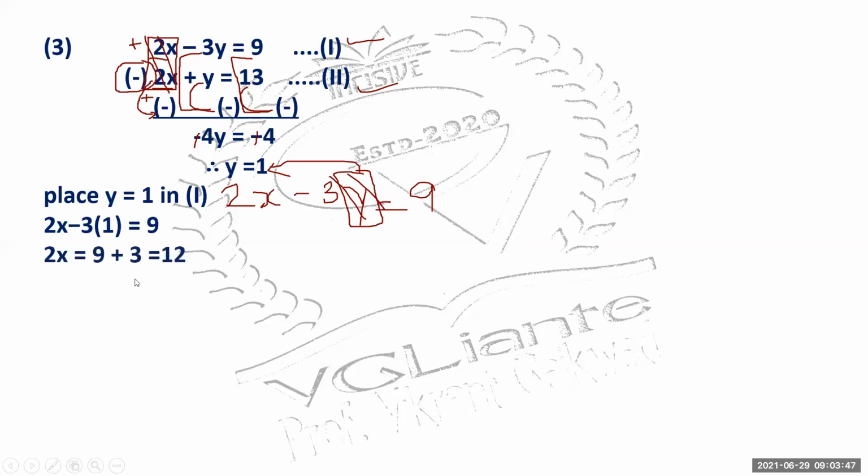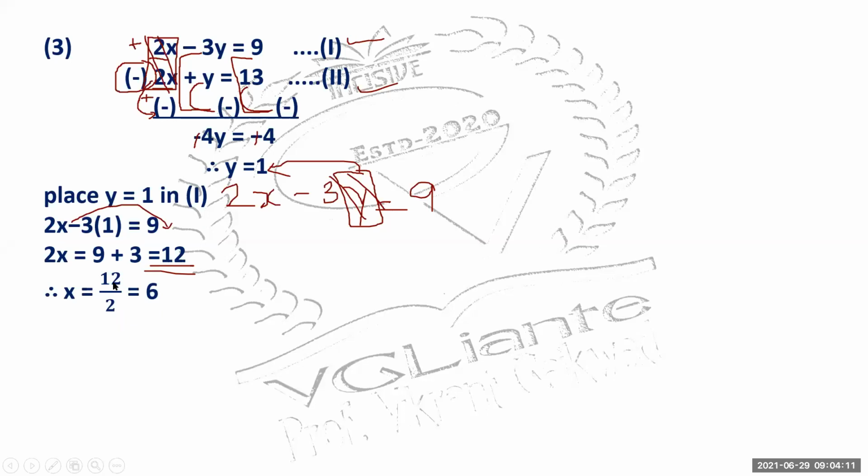So you will change the position of minus 3 to the other side. Now you know when minus 3 comes to the other side, it is going to become plus 3. So 9 plus 3, you're going to get that as 12. So 2x equals 12. Therefore x equals what? That 2 will come down with 12.